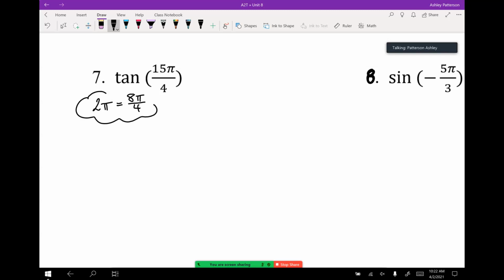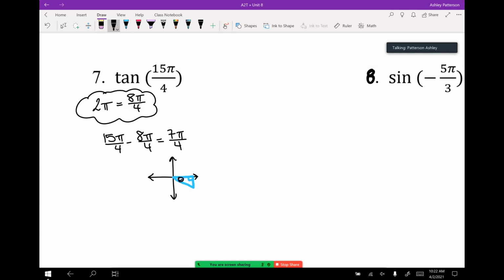So 1 full revolution is equivalent to 8 pi over 4. If I have 15 pi over 4 and I take 1 revolution away, then that leaves us with 7 pi over 4. If we were to rotate 7 pi over 4 radians, we end up again in the fourth quadrant. I'm going to draw my little triangle.